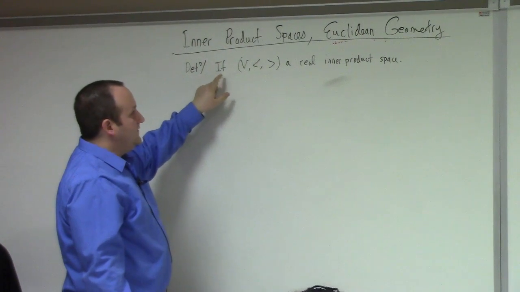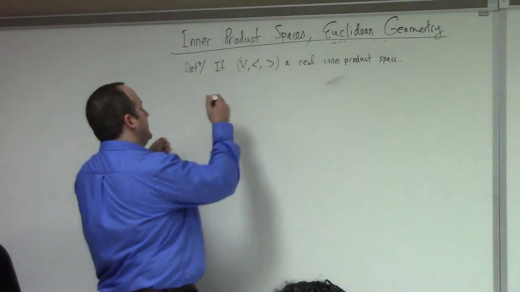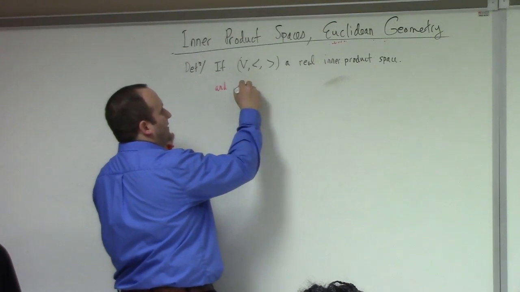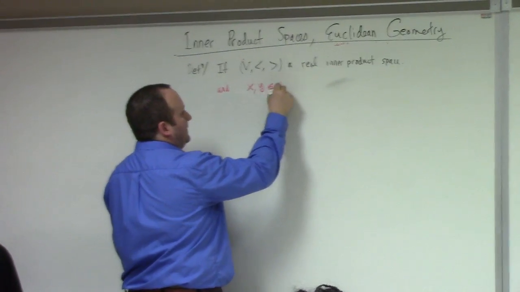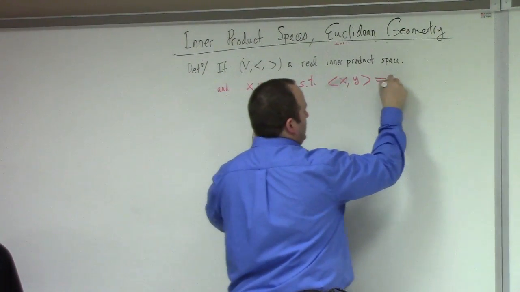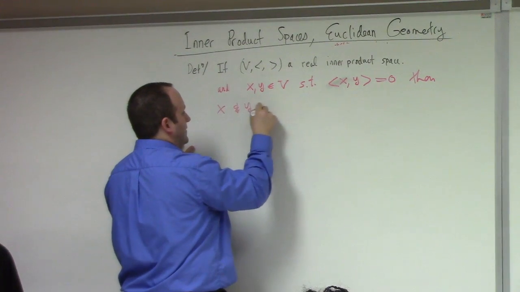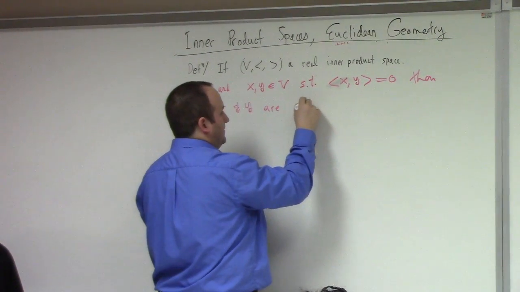So if V is a real inner product space, and we have vectors x and y in V such that the inner product of x and y is equal to 0, then x and y are orthogonal.